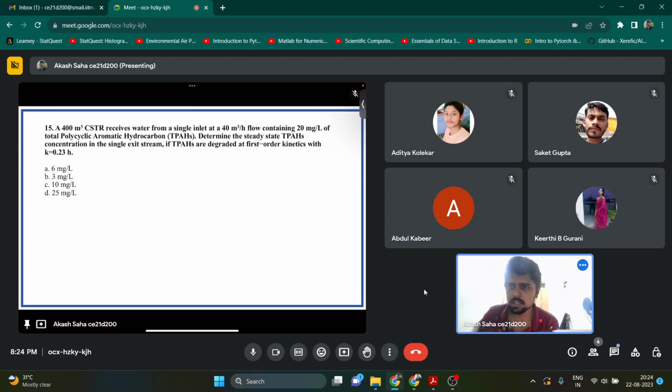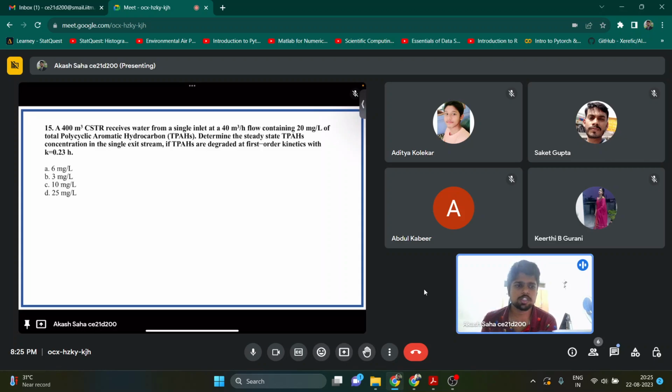So it is saying that a 400 meter cube CSTR receives water from a single inlet at 40 meter cube per hour flow containing 20 milligram per liter of a pollutant. Determine the steady state concentration if it is degraded by first order kinetics, where K is equal to 0.23 per hour.